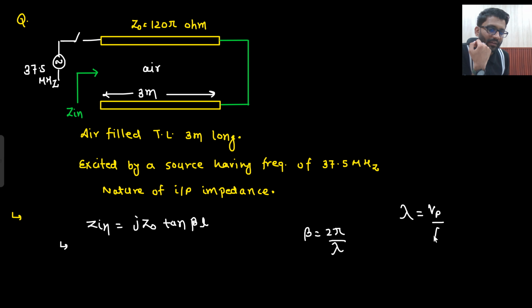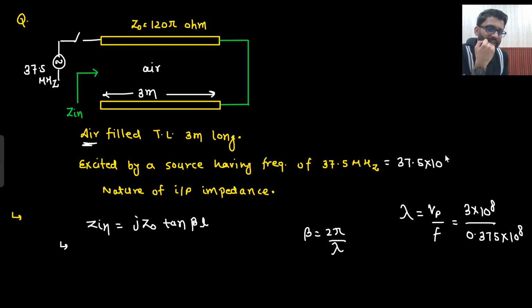Since it is air, Vp is 3 into 10 to the power 8, divided by f. What is f? It is 37.5 megahertz, so 37.5 into 10 to the power 6, or 0.375 into 10 to the power 8. So what is the value of lambda you are getting? 3 upon 0.375.